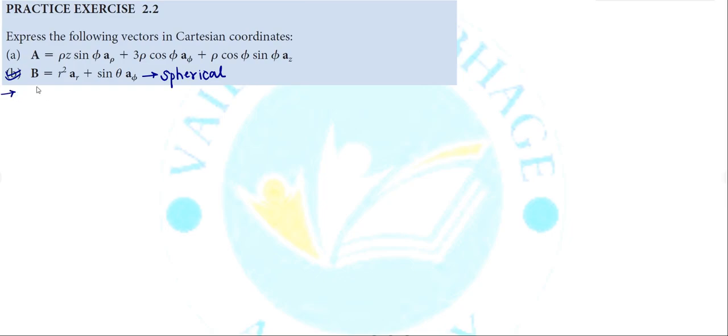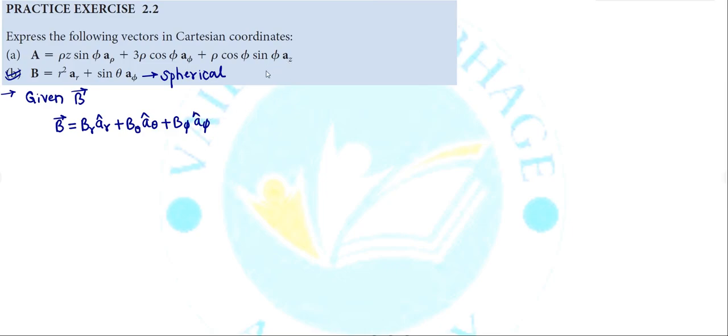Firstly, we are going to write the given vector B in its generalized form. The generalized form of vector B in spherical form has components along the r, theta and phi directions: B_r a_r plus B_theta a_theta plus B_phi a_phi.